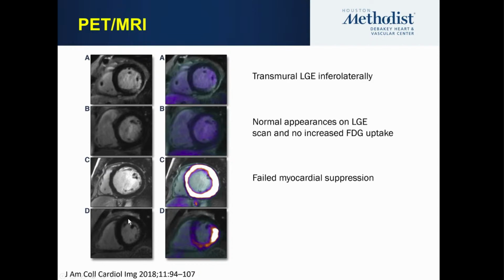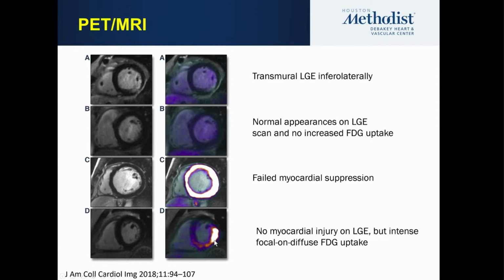And this is a patient with normal late gadolinium enhancement, high clinical suspicion, and very intense focal uptake in the basal inferolateral. This patient actually, according also to the publication, turned out to be a positive cardiac sarcoid. And these were obtained on a PET-MR system, so these are simultaneous acquisitions.